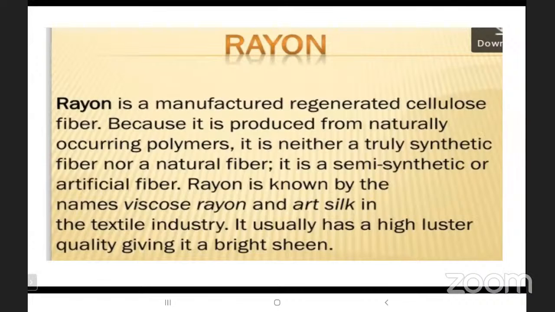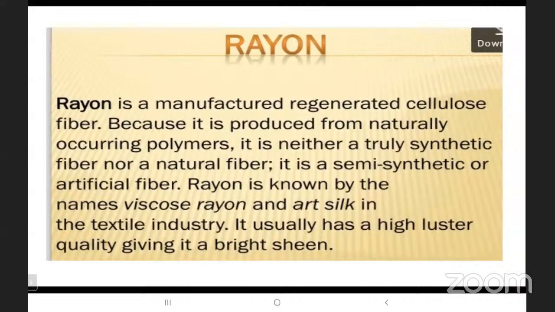We know this rayon is a manufactured regenerated cellulose fiber. Here, because it is produced from naturally occurring polymers, it is neither a truly synthetic fiber nor a natural fiber.